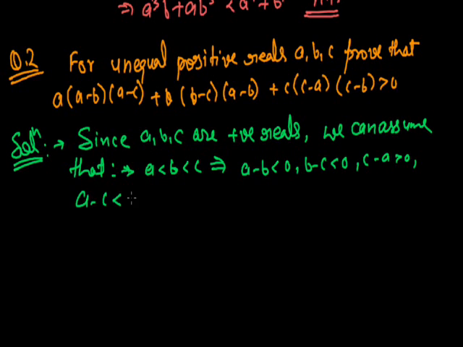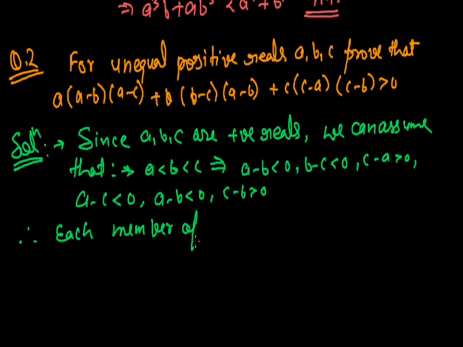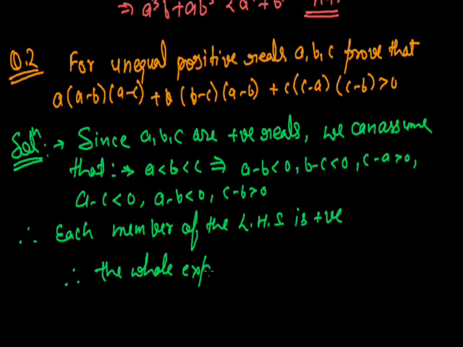Also A minus C is less than 0, A minus B is less than 0, and C minus B is greater than 0. So each member of the LHS that we have to prove is positive. So we can say that the whole expression is positive.